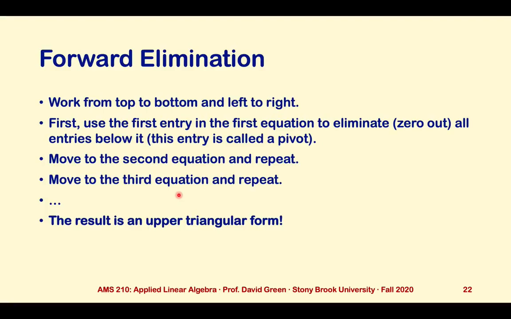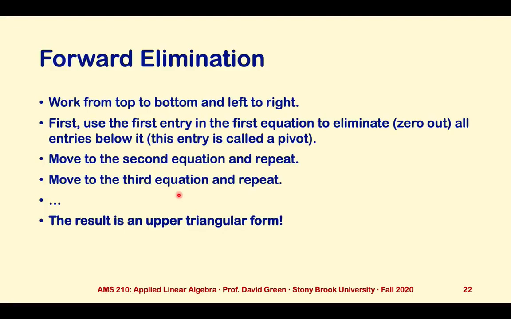We begin with the first equation, the topmost equation in the system, and we focus our attention on the leftmost variable in that equation. We use that first entry in the first equation as something that we call a pivot to eliminate, or zero out, all of the entries below it. After doing that, we have only one equation that has that first variable.